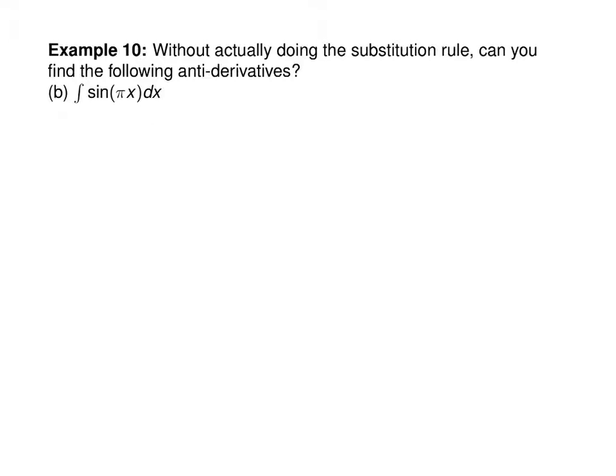So what's the antiderivative of sine of pi x? So it's going to involve cosine, right? Negative cosine pi x. And then what you're going to need is the coefficient to compensate for the pi. 1 over pi. And then, of course, plus c. Okay.